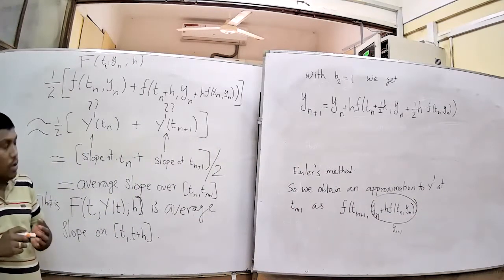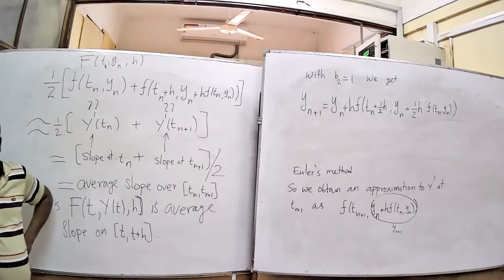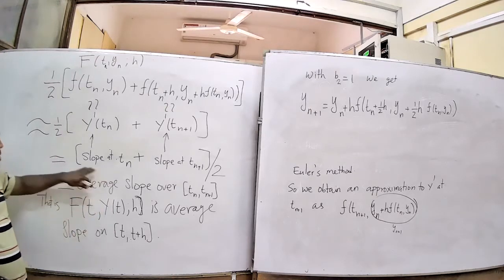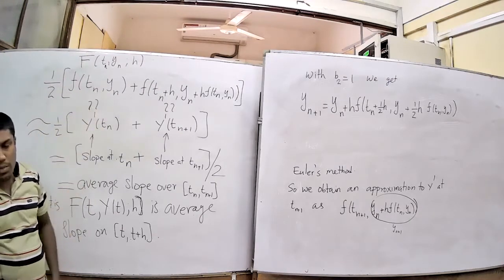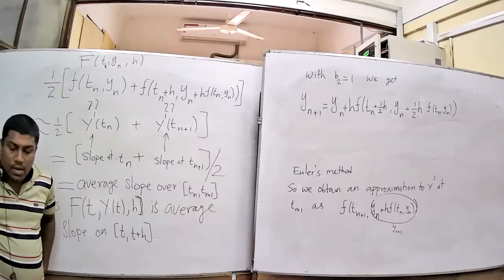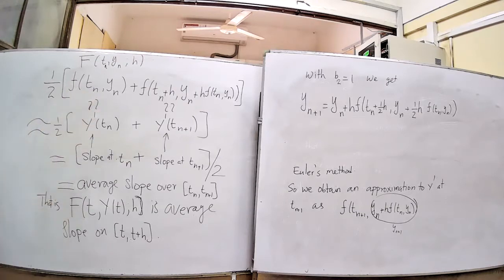If you put b2 equal to 1, then you have yn plus 1 is equal to yn plus h times f of tn plus half h comma yn plus half h times f of tn, yn. So that is in a way a different way of forming the average. The standard average is start point plus end point divided by 2, the regular average. So that in a way is a different average.